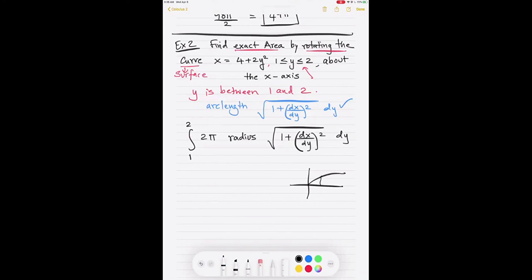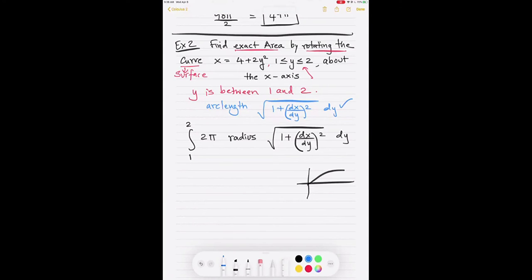So I'm just talking about this kind of thing. x equals y squared, meaning it's not y equals x squared, so it's not this parabola, but it's this one. This is not the exact one, but I'm saying this is it.